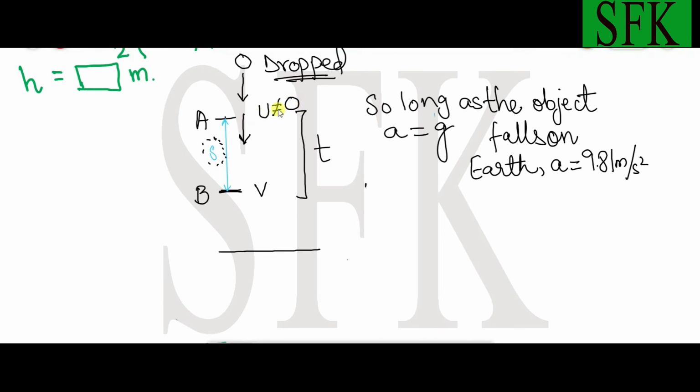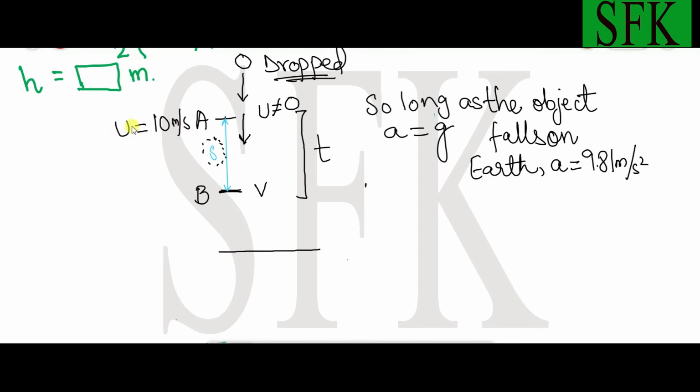This is an important point to note because the ball has already gained some speed moving through this upward distance above A. As the ball reaches A, its velocity, let's say it's given to be 10 meters per second, we are going to take that to be the initial velocity.